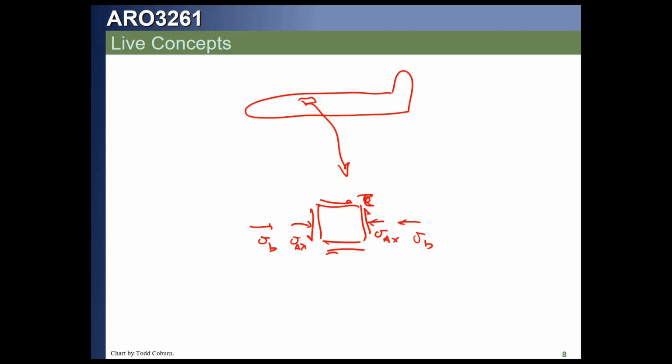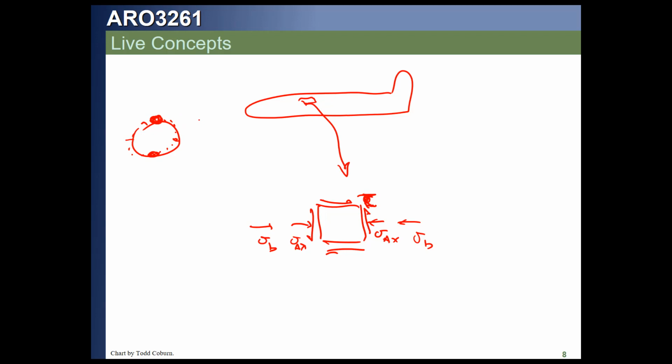Now if we look at our fuselage, we know axial load will give us a stress constant around it. Bending will give us a stress that's max tension up here and max compression down here with 0 near the middle. Transverse shear will give us a stress that develops, and actually let's draw that. Our axial distribution will be like this, constant.